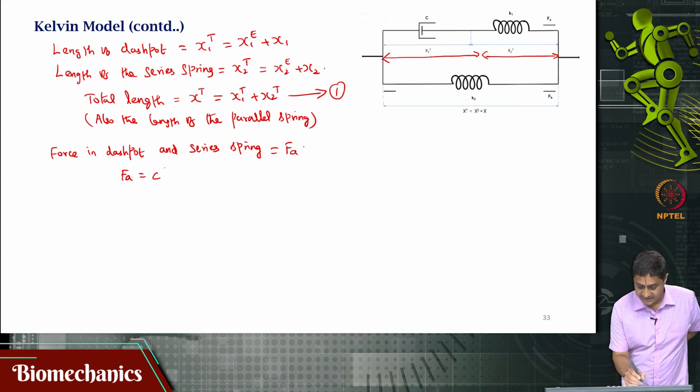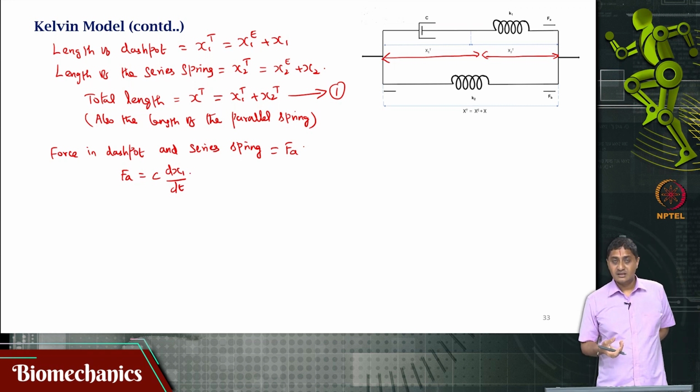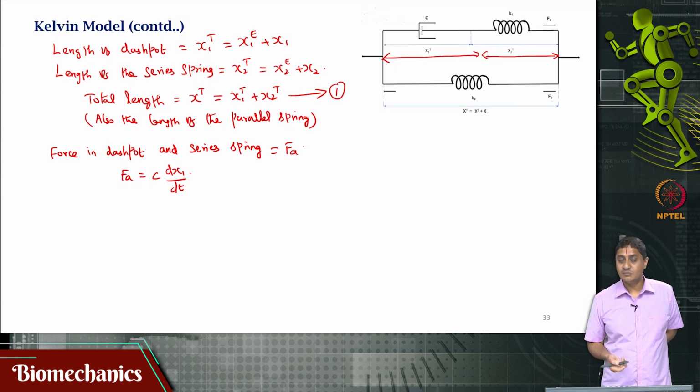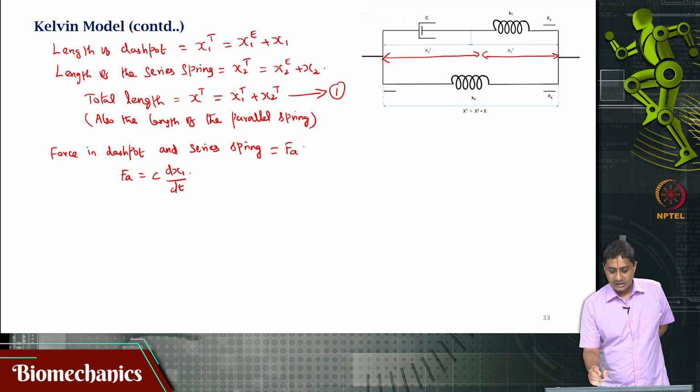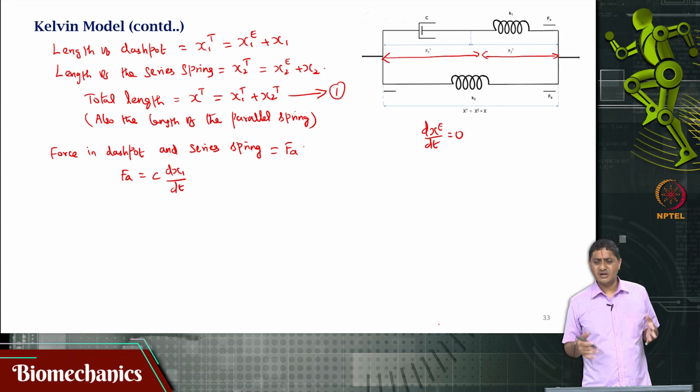That is C dx1 by dt. Is it not? x1 is the dashpot length. Remember, dxe by dt is 0, regardless of whether that is for a spring or for a dashpot.